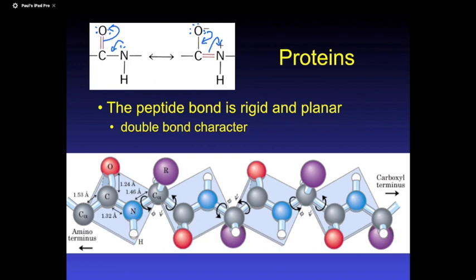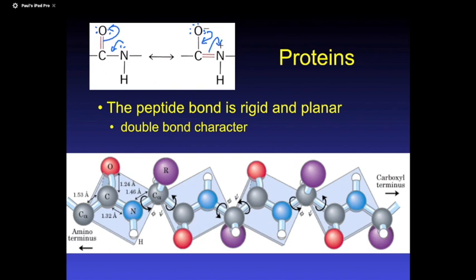What happens with a resonance? Can it rotate just a little bit? No, you think it might. But that resonance gives it enough of the value of a double bond that it doesn't allow rotation, because it's going so fast back and forth that it behaves like a double bond. And it becomes rigid. What this does is it limits the flexibility of the protein's ability to actually fold.